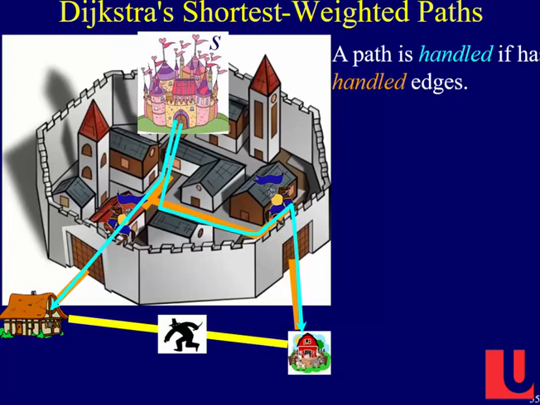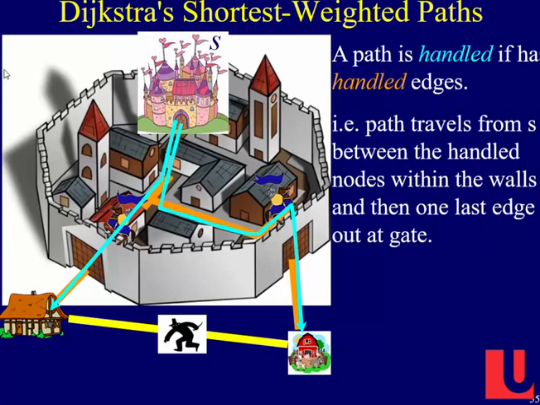Right? So handled paths do this, and then they take one last edge. That's what a handled path is. I.e., paths that travel from S between handled nodes within the walls, and then one last edge leaving the gate. All right? So that's our loop invariant.